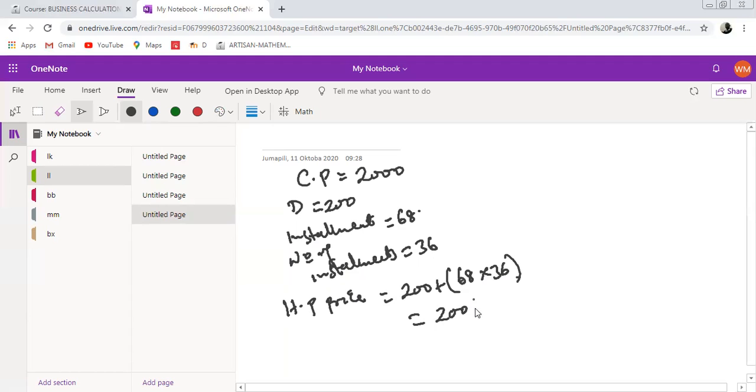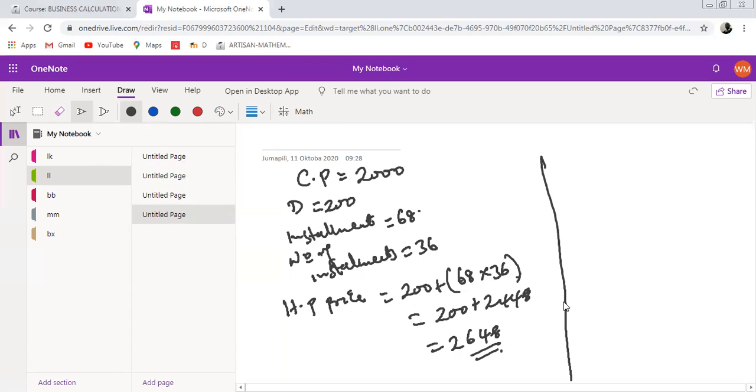So it's going to be 200 plus 2448, which is 2648 in total. That is the total cost. And the interest charged is the hire purchase price, 2648, minus 2000. The interest will be 648.